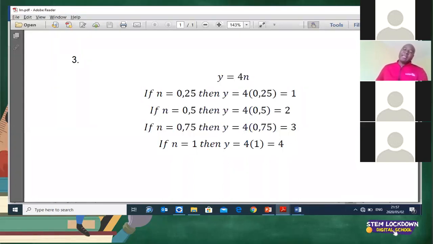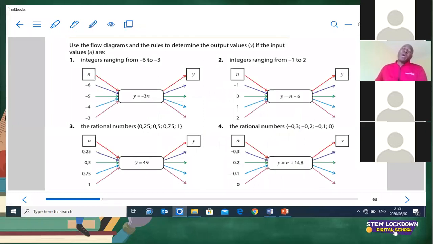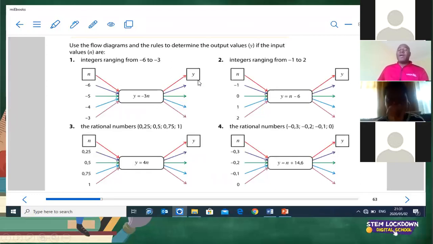So basically, we were able to now use the flow diagrams to find missing values of output. Always remember, when you are given input and the rule, you can find the output.